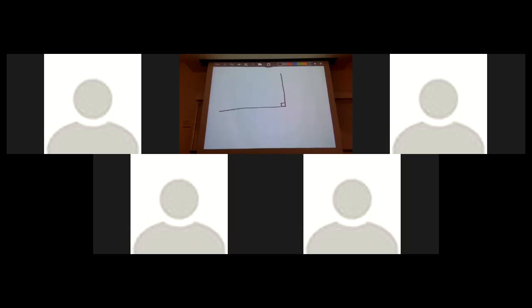Here's mirror 1 and here's mirror 2, which are set up perpendicular to each other. Here's one mirror here, here's a second mirror here. Now what we're going to do is send in light so that my initial angle of light comes in at an angle theta 1 equal to 15 degrees. That light then is going to reflect.